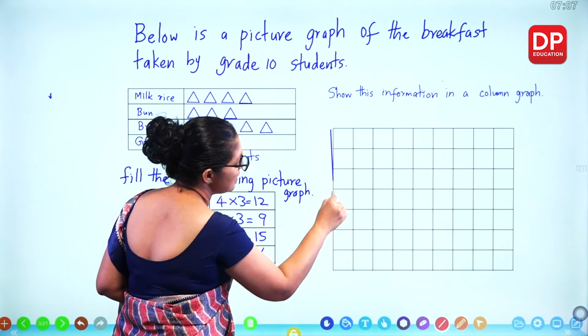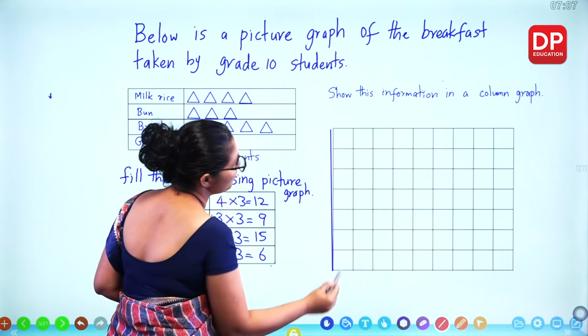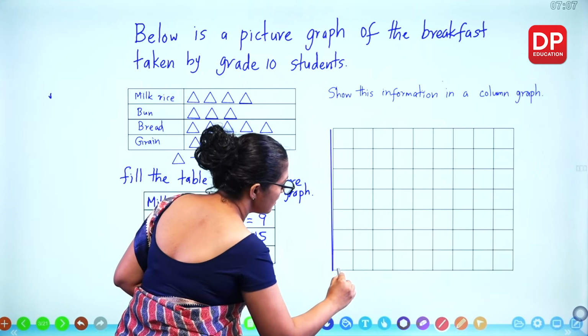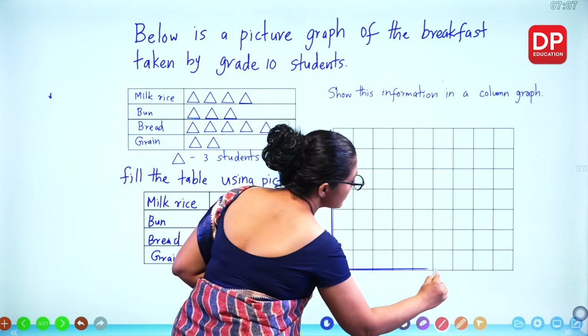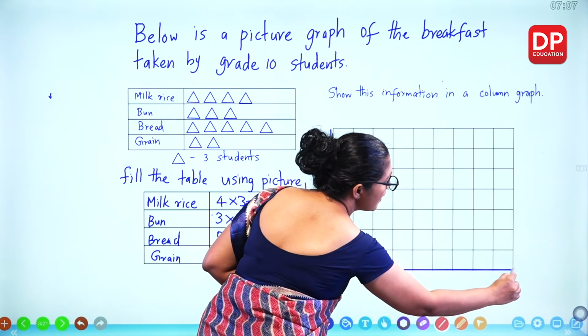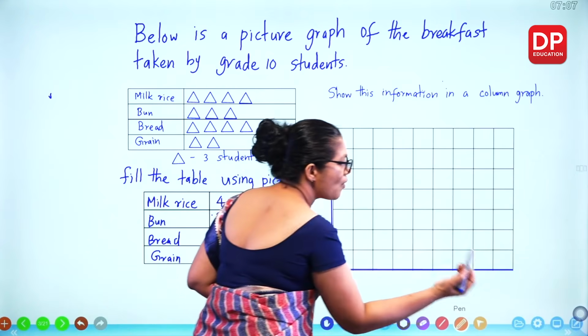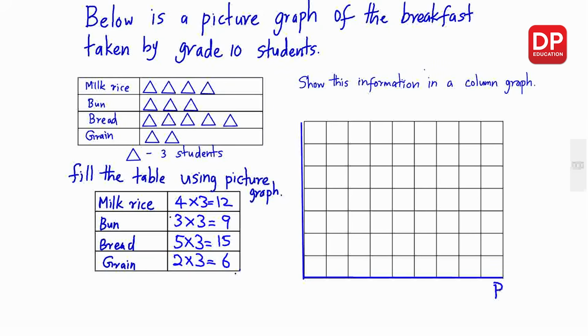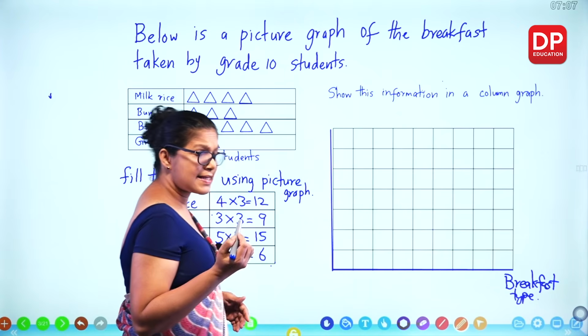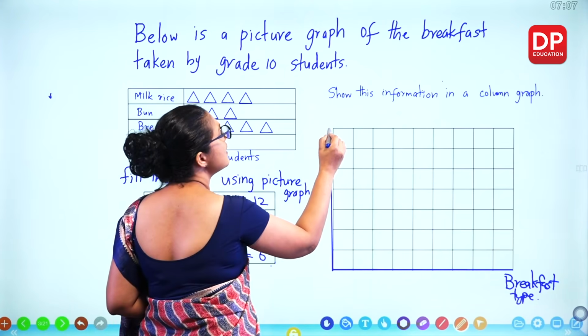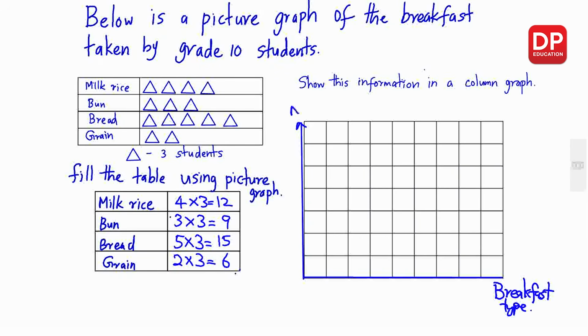So I can take this one and this one as the x and y. Then I can write down the labels. Breakfast type here. So what is the y-axis? Y-axis is the number of students.